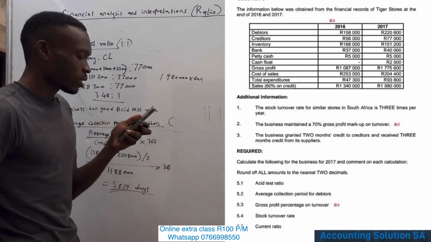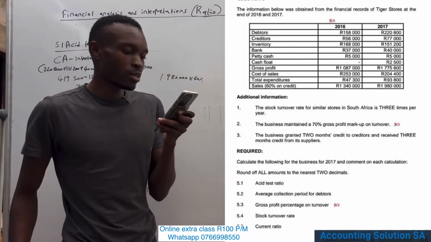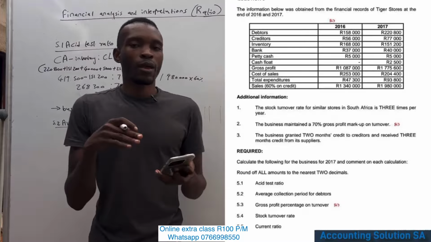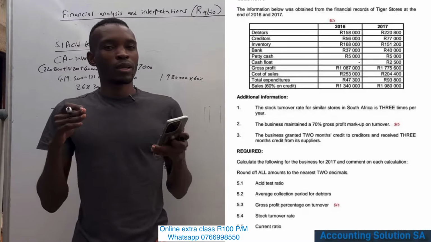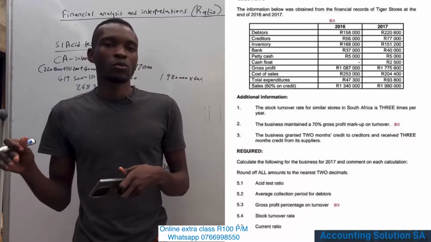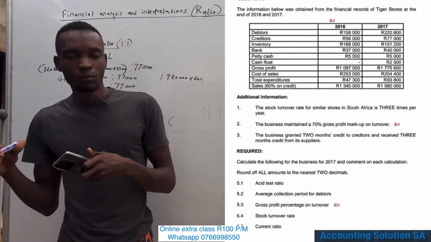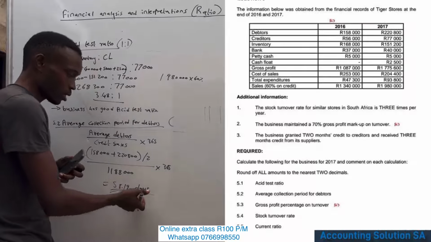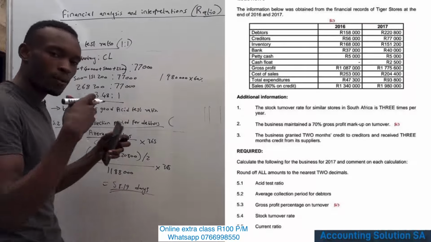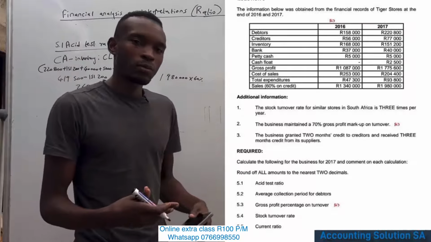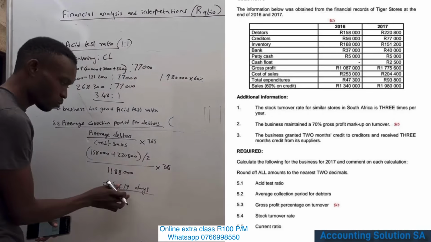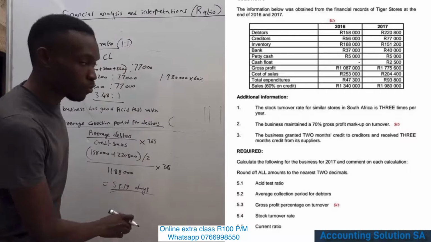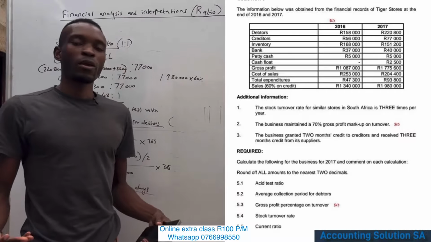Okay, number 3, they say business granted 2 months credit to creditors. In other words, our creditors give us 60 days to do what? To pay a debt. So which means that we collect within 60 days from our customer, which means that now this is good, because if we can collect from these people within 60 days, we have money to do what?